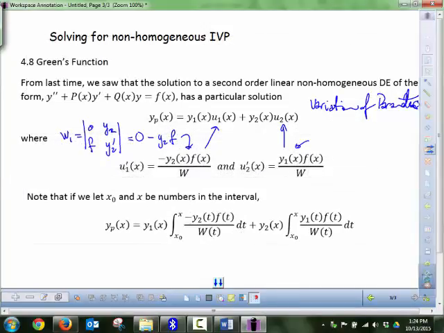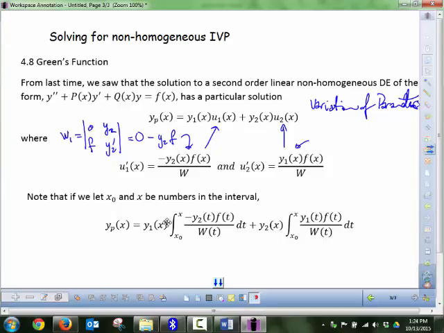So to get y of p, this is what you're looking at. Now they're integrating from x naught, some random value x naught, which we'll see is not all that random. It's going to be the x naught from your initial condition, to some variable x. Now x is a variable, so this is where you have to be really careful about your variables.